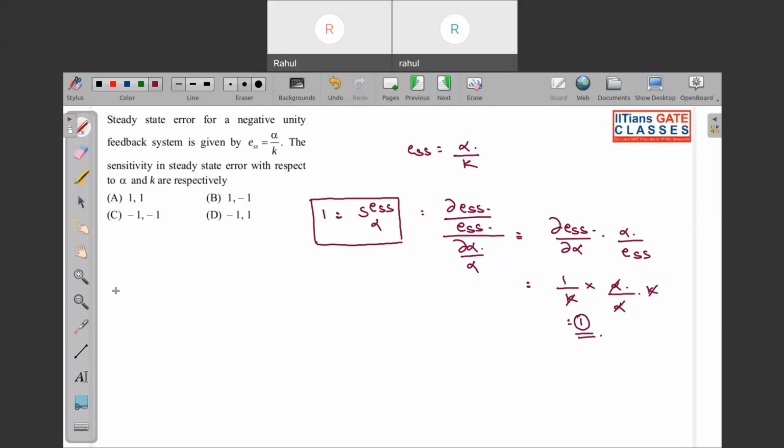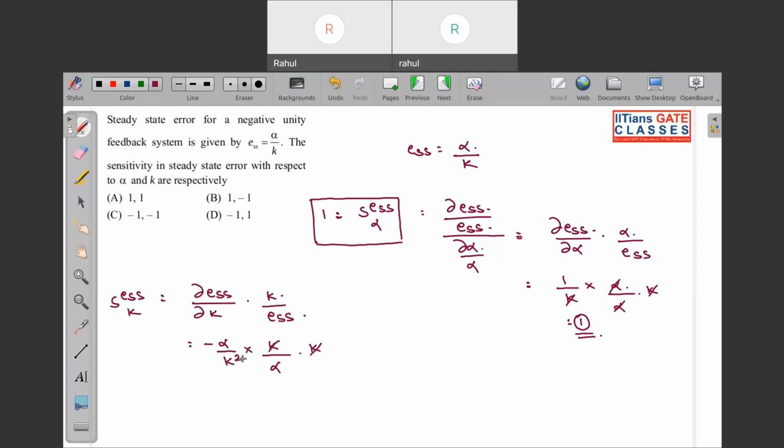Now what about the sensitivity of ESS with respect to k? Directly I am writing now. This will be dESS by del k into k by ESS. If you differentiate this ESS with respect to k, that will be minus alpha by k square into k divided by ESS, that is alpha by k.